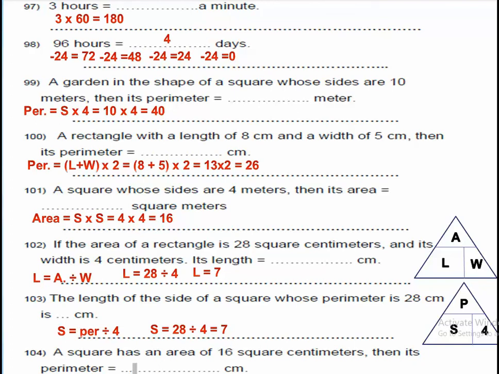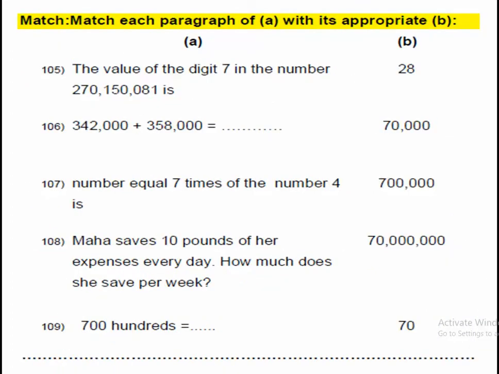So the side length equals 5. Here we have area equal 16, so it will be the number which multiplies by itself to get 16, it will be 4. Okay, so 4 times 4 equals 16.